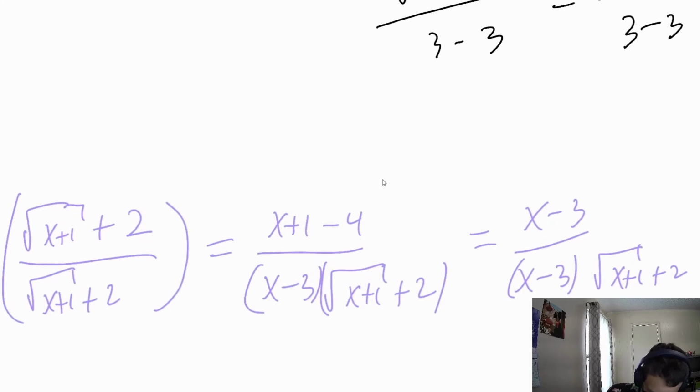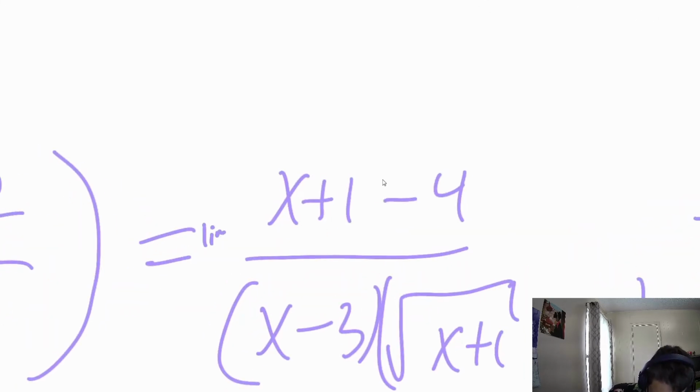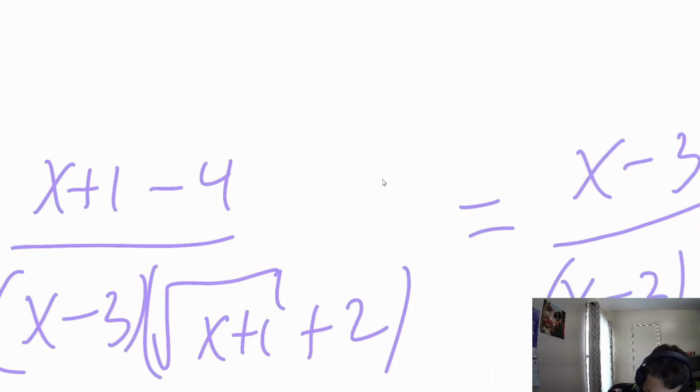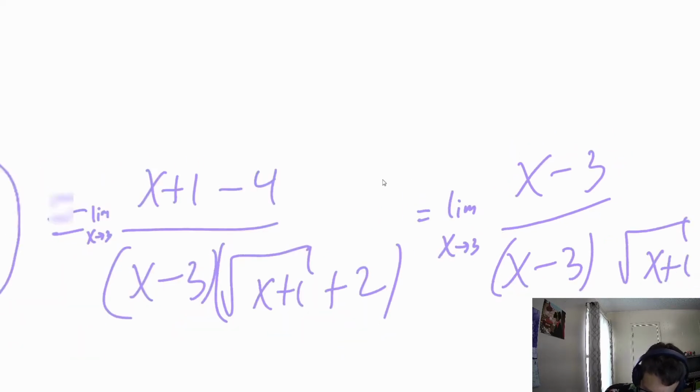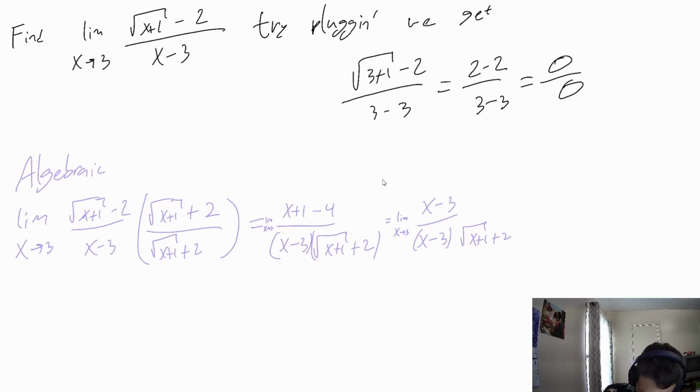Oh, and technically I should be writing limit as x goes to 3 here, because that's what we're trying to compute. But now we have cancellation.